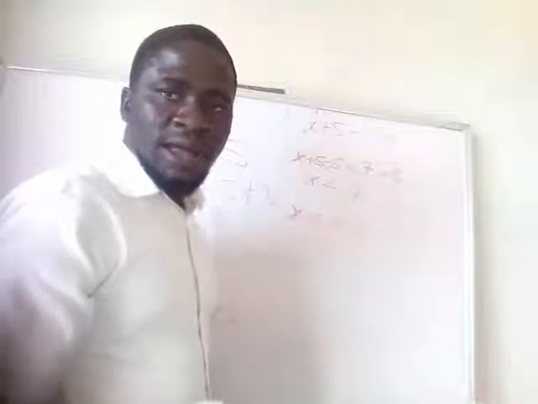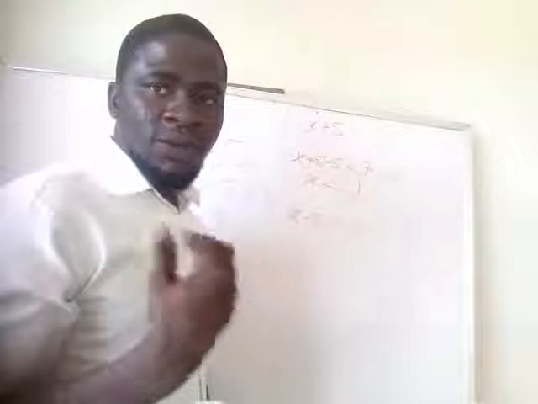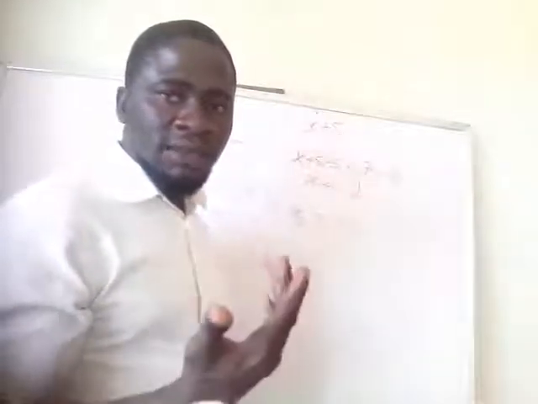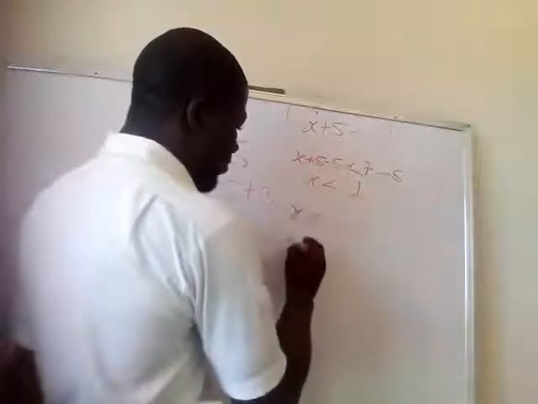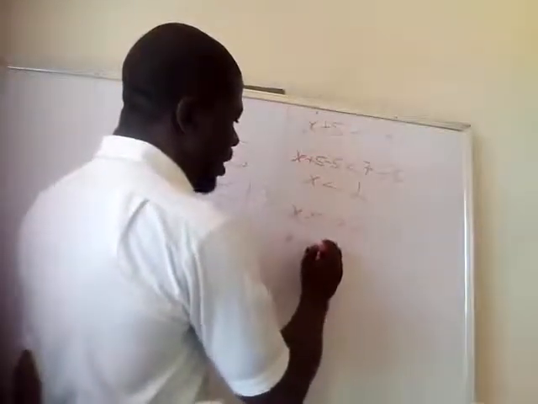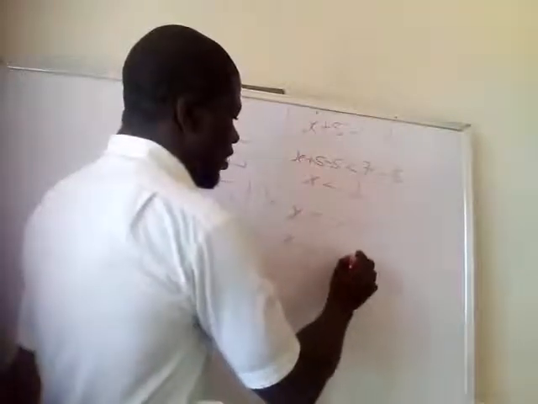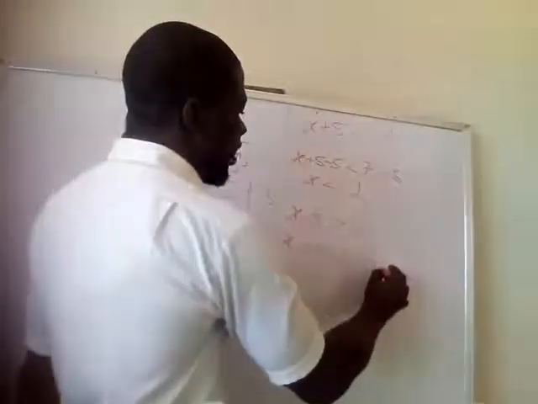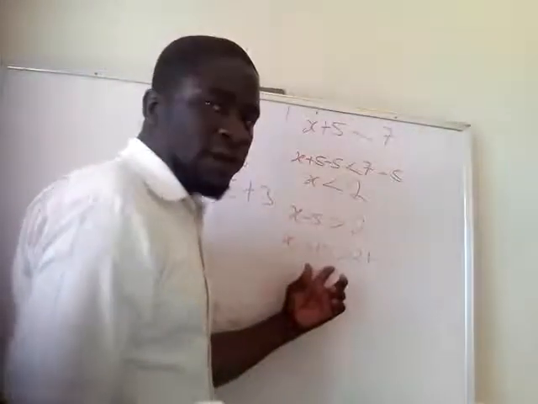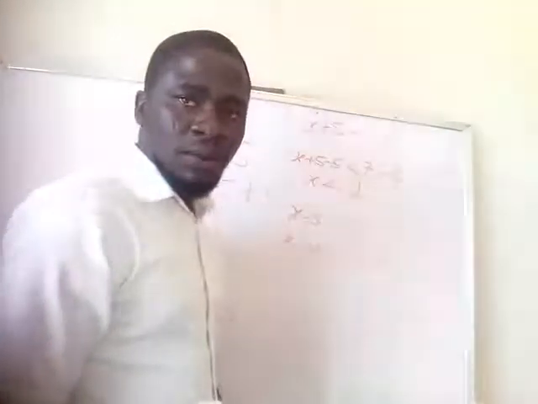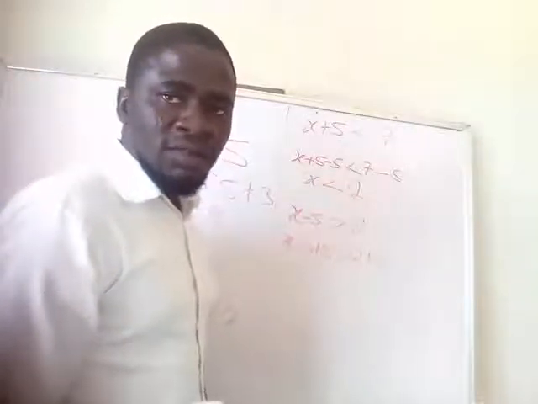For you to remove minus 5 from the left hand side, what you will do is, you have x minus 5, you add 5 to it, is greater than 2, you also add 5 to it. So you have minus 5 plus 5 will give me 0. We don't need it. Minus 5 plus 5 is out.